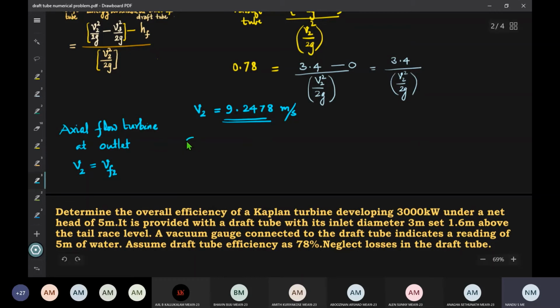So what is the discharge, being a circular inlet, when you consider the inlet in the draft tube, discharge will be your A2 V2. And the discharge is equal to A2 V2. What is A2? Area at the inlet of the draft tube. So that is pi by 4 d square. And this D2 is actually the draft tube diameter.